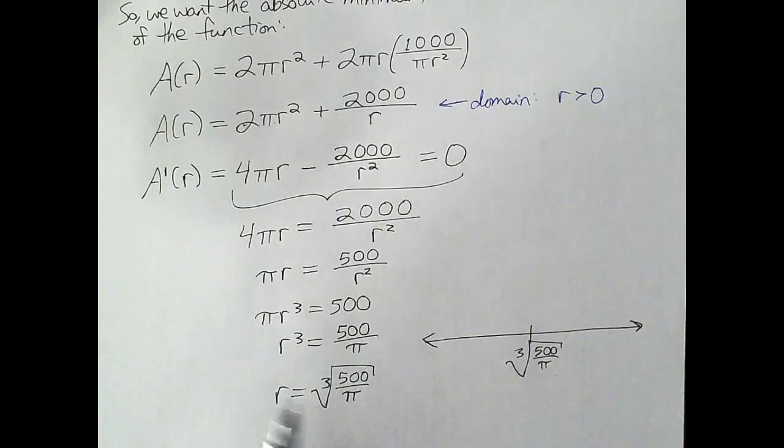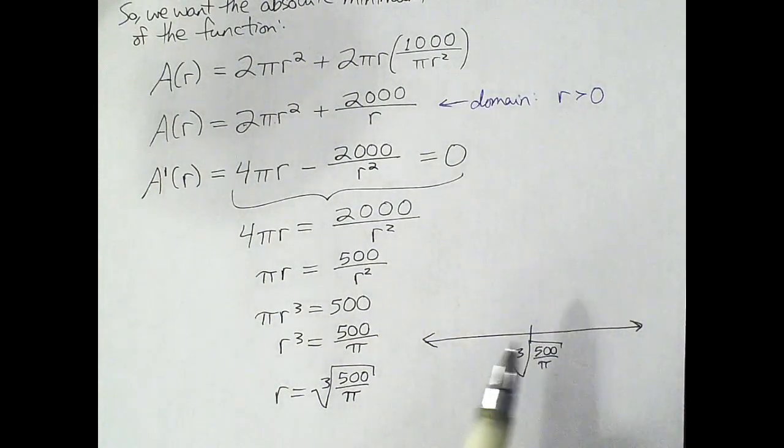So what was all that discussion I was just saying, where I was saying I think that this is 5 point something? I did that in my head because I said 500 over pi. Maybe it's roughly 150. The cube root of that's going to be a little bit bigger than 5 because I know the cube root of 125.